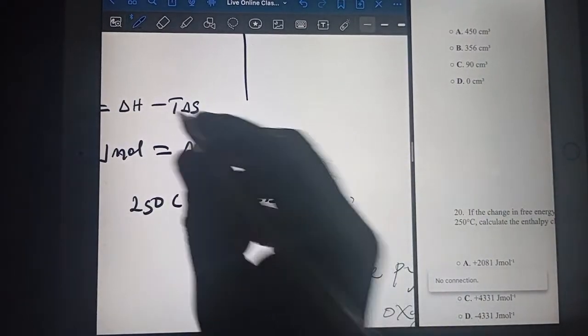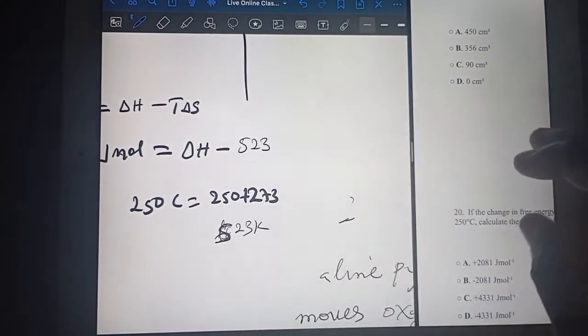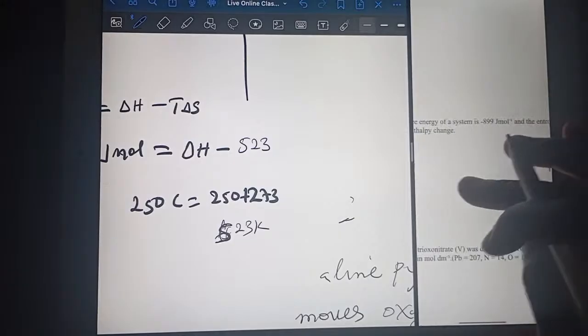So we are going to place the temperature here as 523 times, what's the entropy?